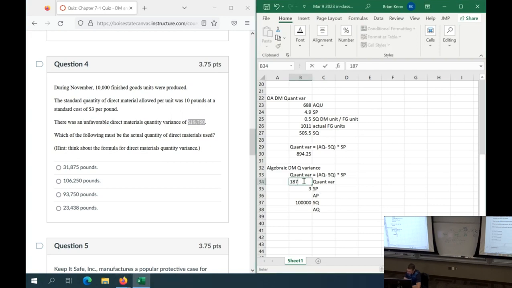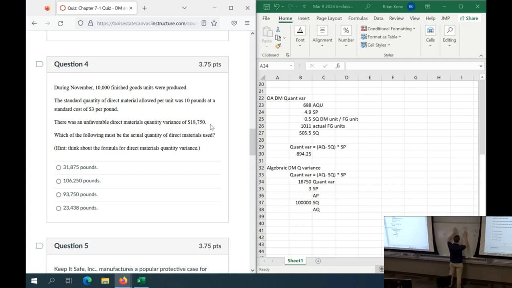So let's put 18,750, and it is indeed going to be a positive one, meaning as we move towards reality, we got a bigger number by $18,750. That's bad. We moved from standard quantity to actual quantity, pulled that lever, and the cost went up. So that's unfavorable. It's going to be a positive one because we're subtracting, we're taking this minus this.